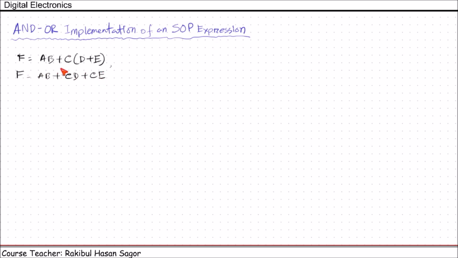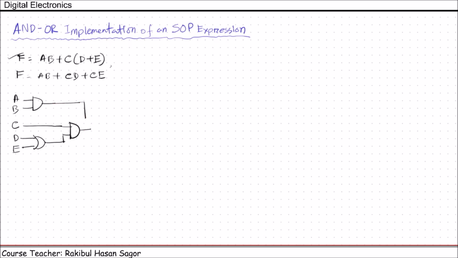Now let me show you the logic gate implementation for both functions, though they are the same function represented in different ways. First of all, this one: a and b are ANDed. Then we have c, that is multiplied with d plus e, so d and e are ORed, and this will be ANDed with c.